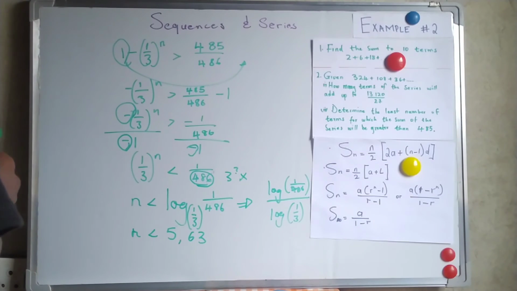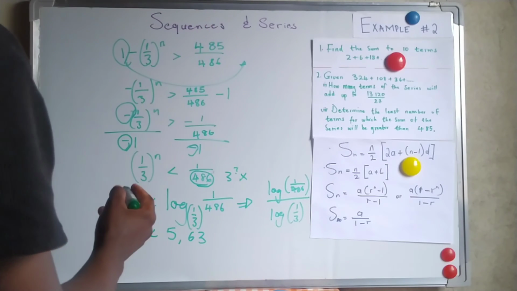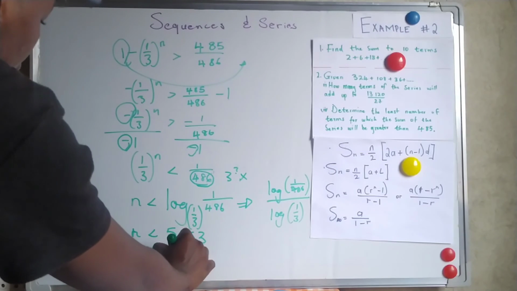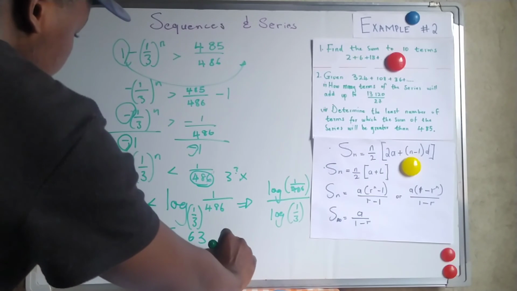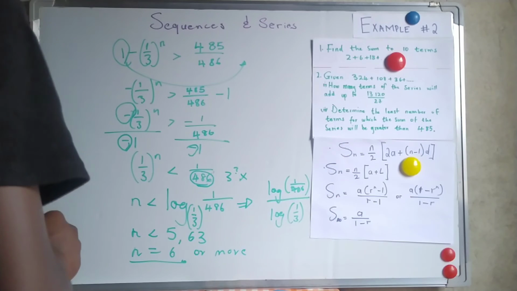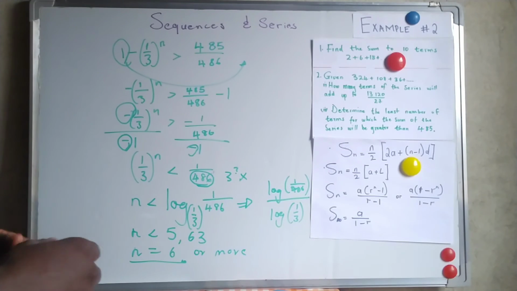What this means is that for you to get greater than 485, you need n equal to 6 or more, or at least 6 terms. Because remember also, n has to be an integer. Let's go to the third question.